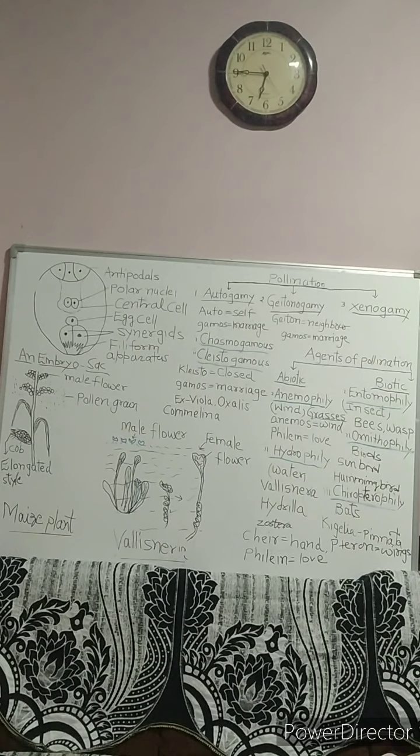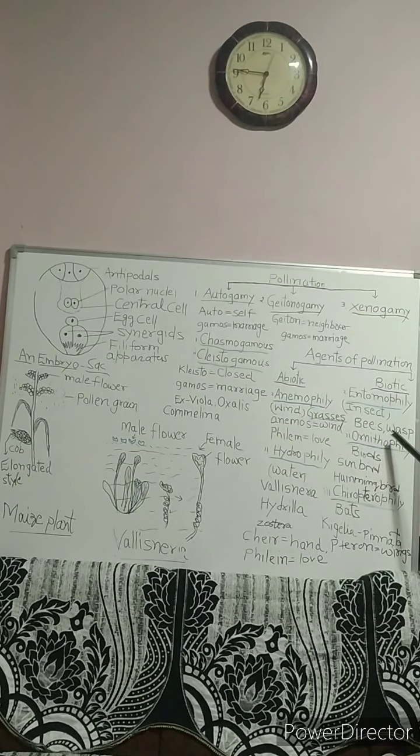They produce nectar and insects visit the plant to suck the nectar. If one insect visits the flower of one plant and the same insect visits the flower of another plant, then it will deposit pollen attached to its body onto the stigma of the other plant. That is entomophily.